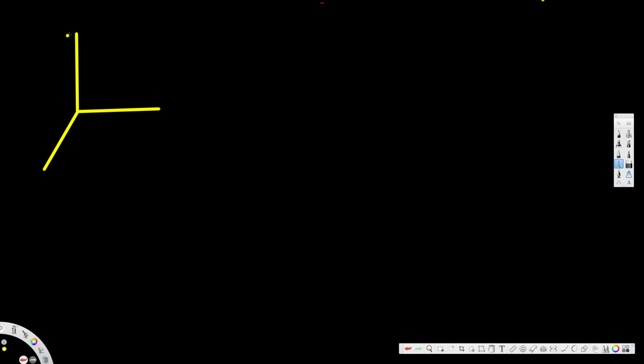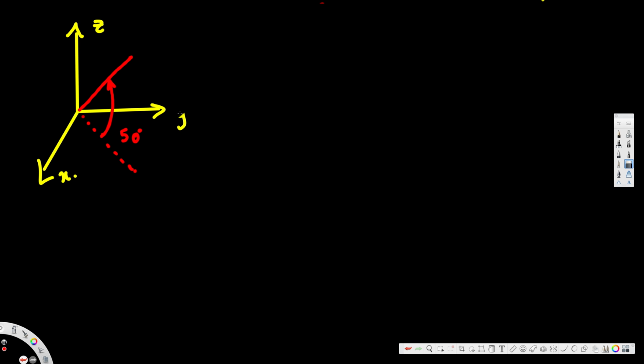Let's say we have a vector in this direction, and that is making an angle with the xy plane of 50 degrees.